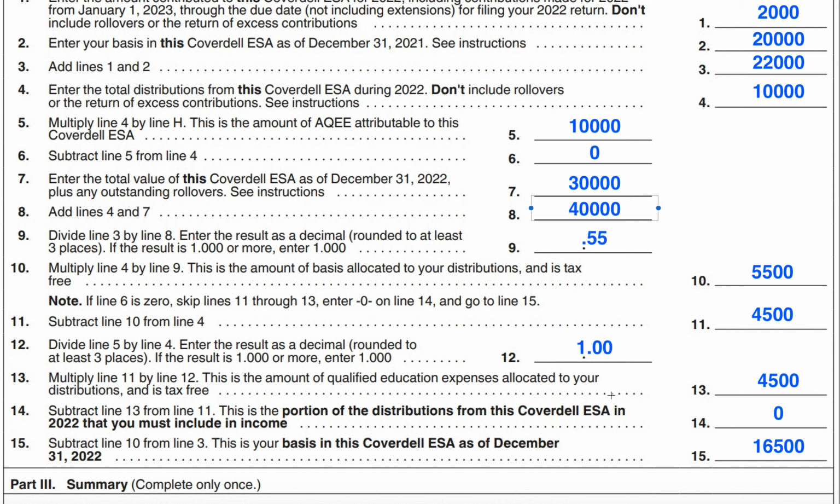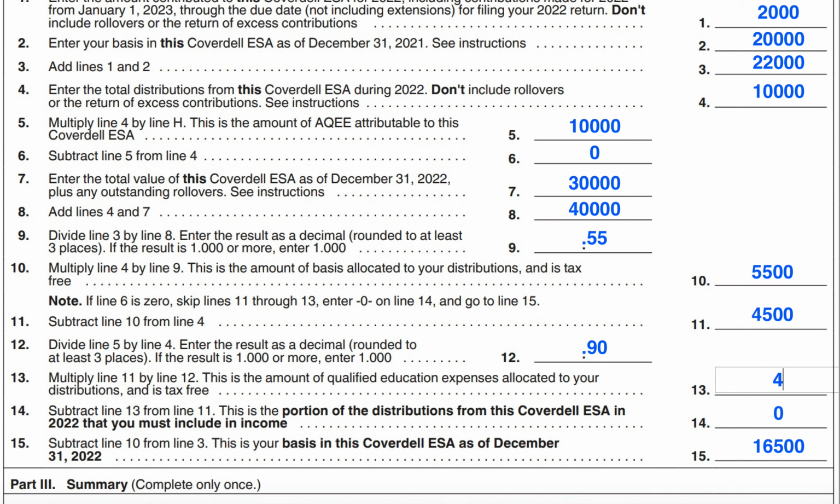So when you get down to this part, if this number was 0.9, then that would mean 90% of your distributions was allocated to qualified education expenses, and you would have to multiply that by 0.9, and then you would come up with something like, having to do math on the fly.